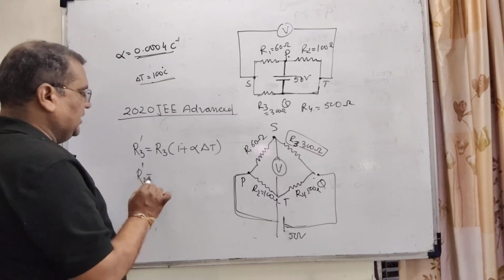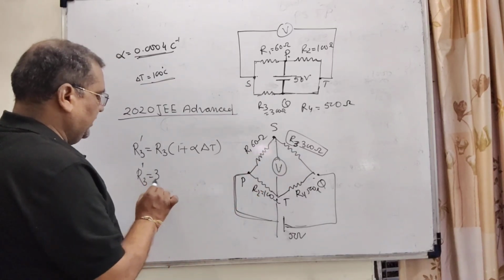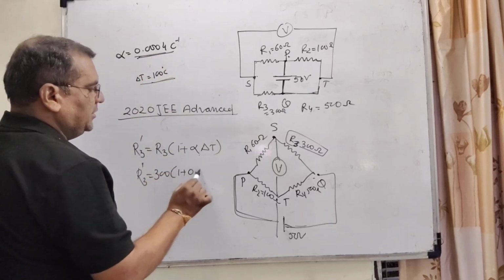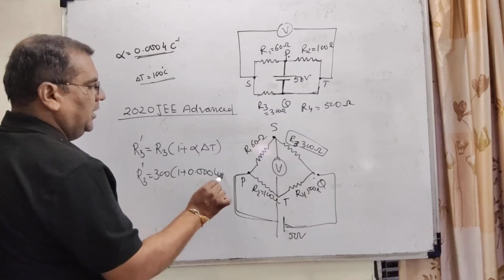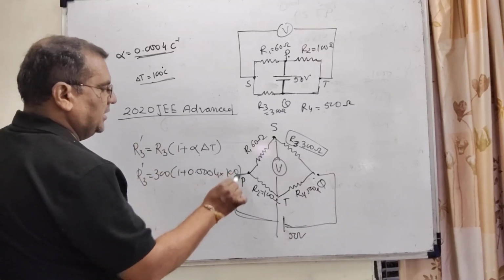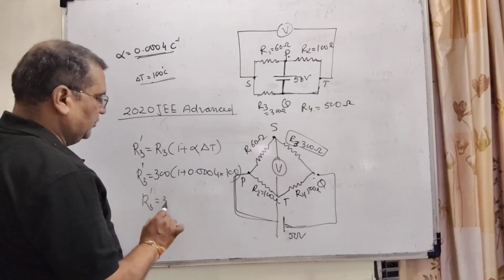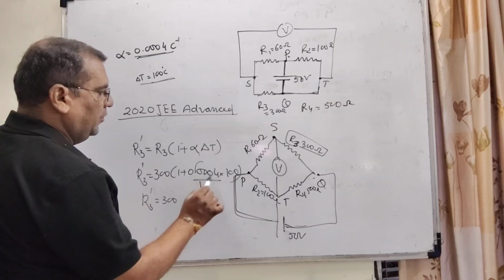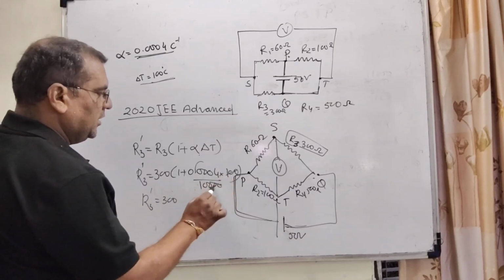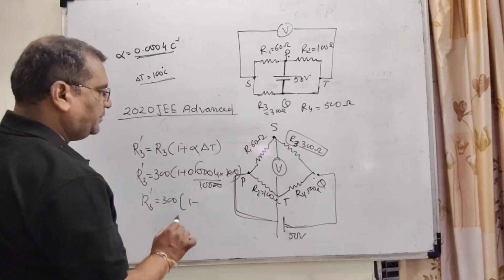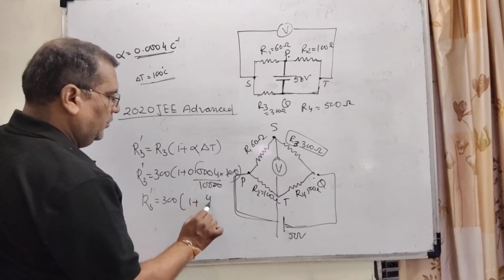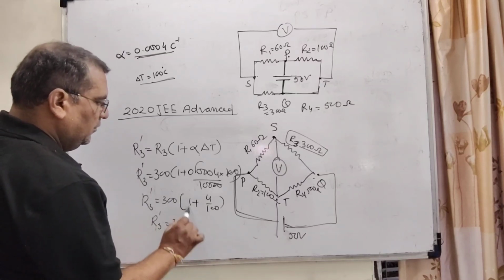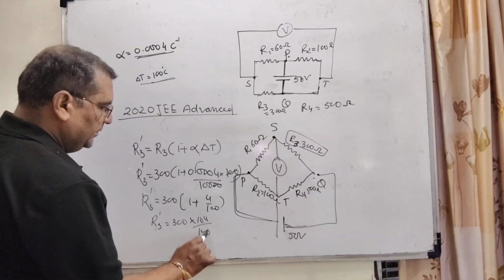So R3 dash is equal to 300 times (1 plus 0.0004 times 100), which is 300 times (1 plus 4 by 100), that is 300 times 104 by 100.